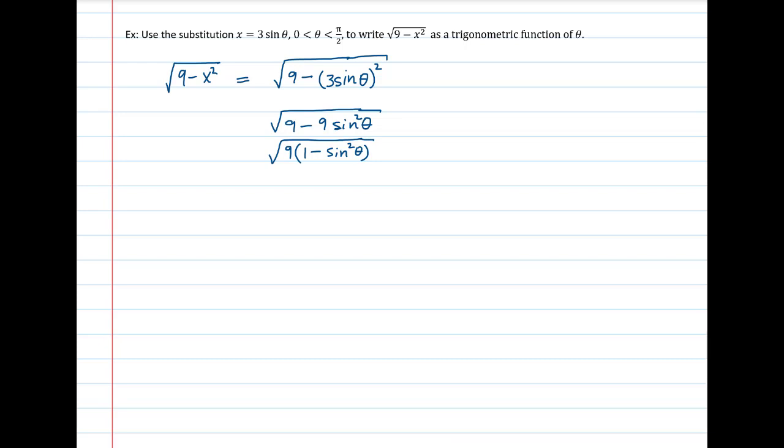And the whole point of this substitution is that we identified the Pythagorean identity there. We change that 1 minus sine squared theta to cosine squared theta. And notice how our expression inside the radical is a perfect square now, so that we can compute the square root. Square root of 9 cosine squared of theta is equal to 3 cosine theta.